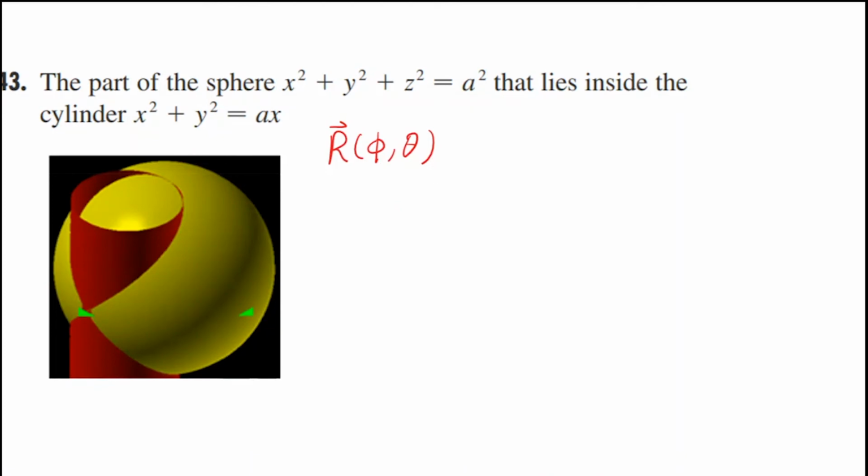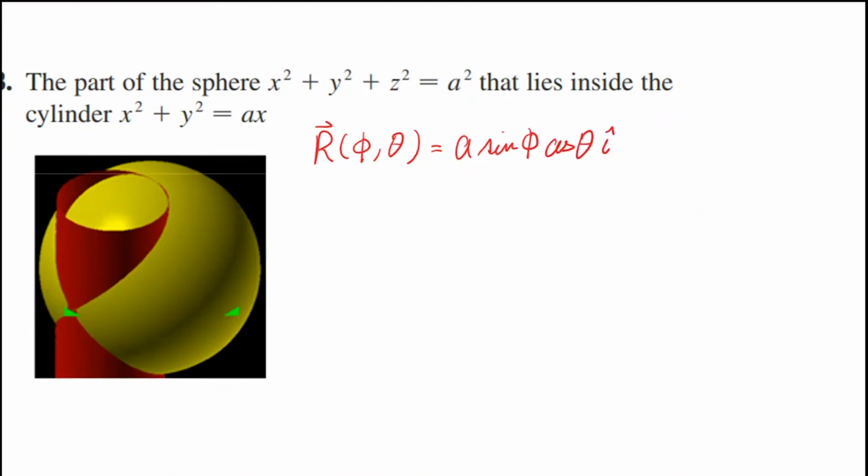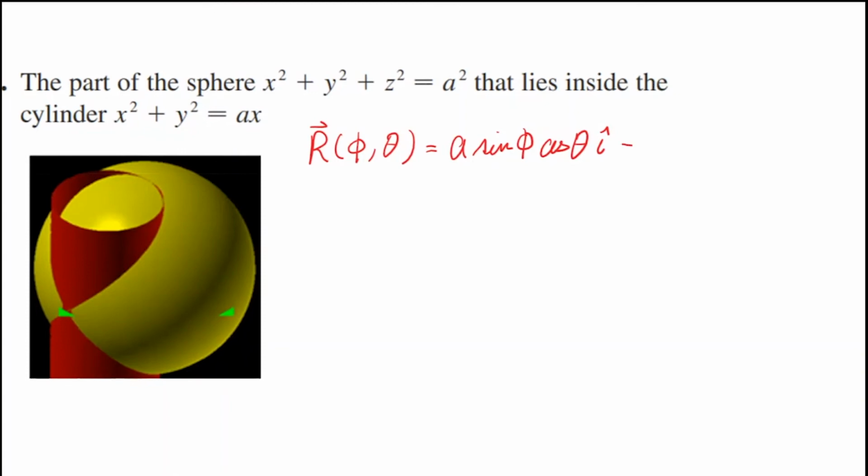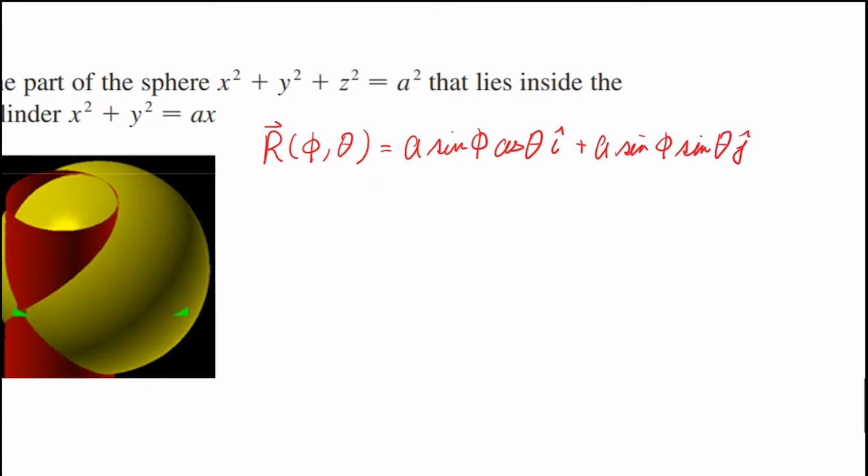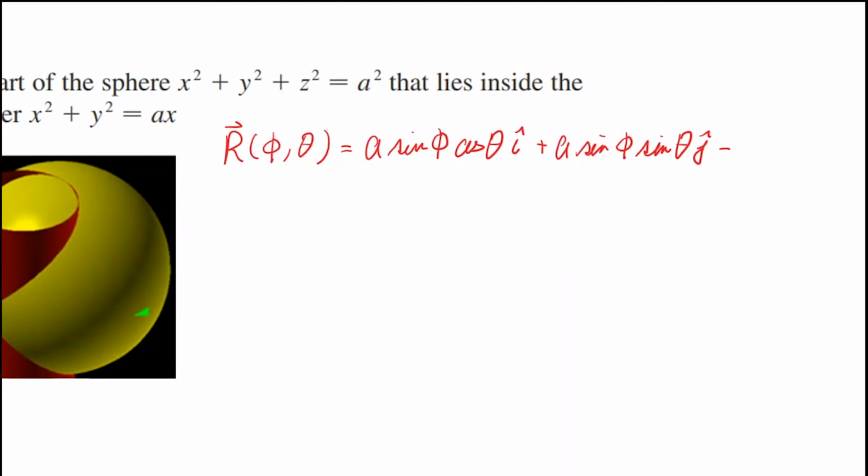So I just say capital R, okay? And that will be your a, and then this is a sine phi and cosine theta i vector, correct? Our standard spherical coordinates. And plus a sine phi and sine theta j vector, and then lastly we have a cosine phi k vector.